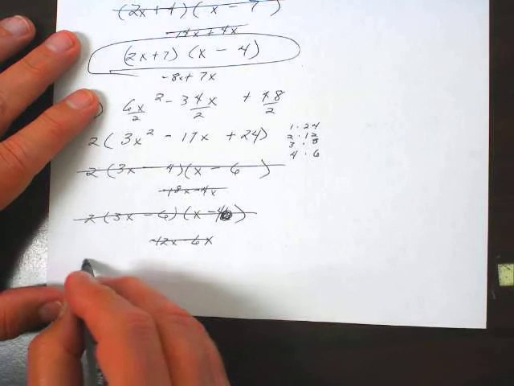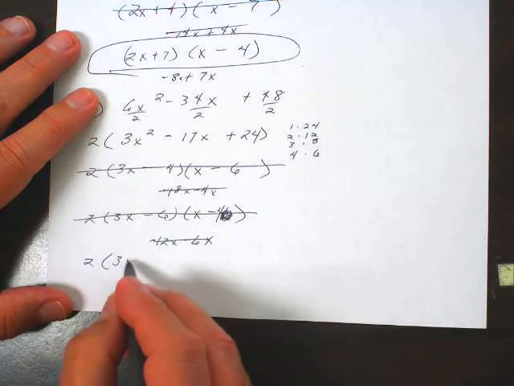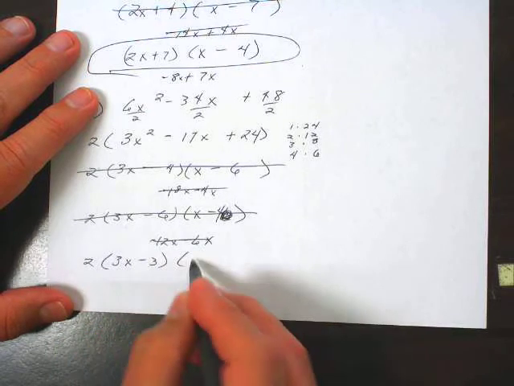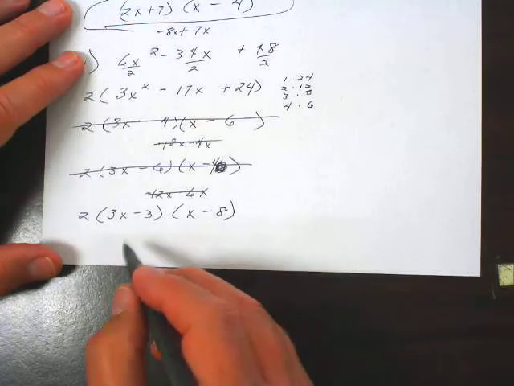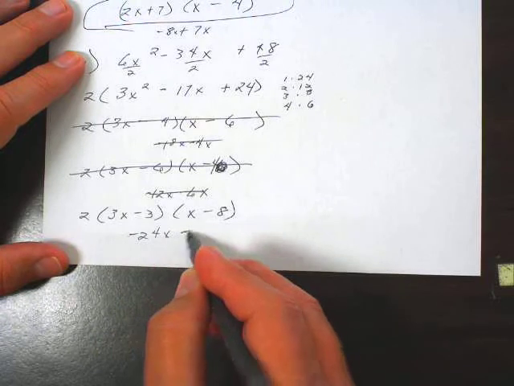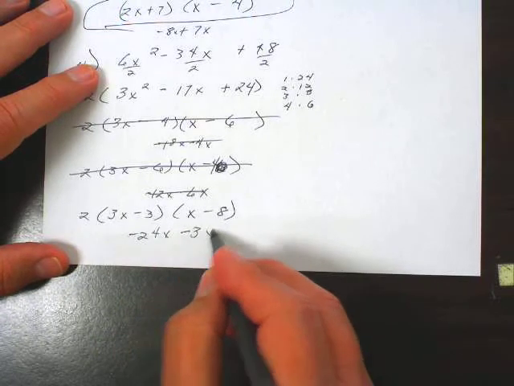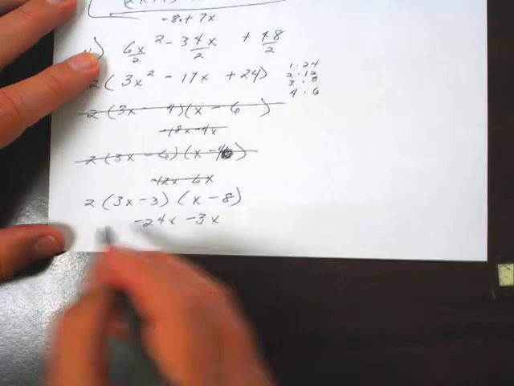Let's try 3 and 8. So 3x minus 3, x minus 8, and what does that give me, outer and inner? 24x. And does that add up to be negative 17x? So that didn't work, so let's switch it around.